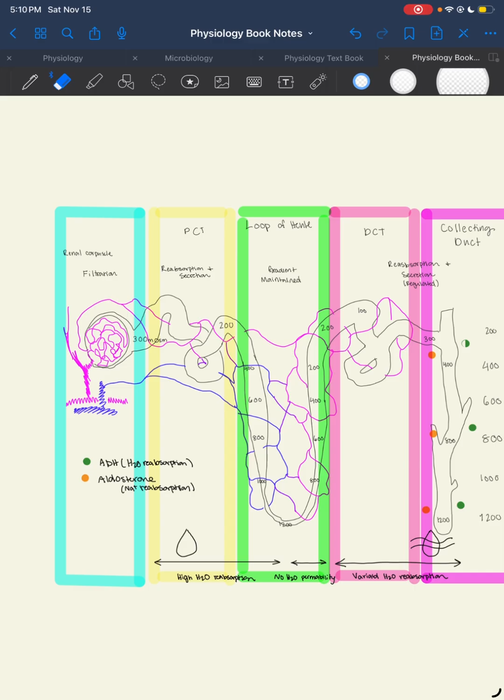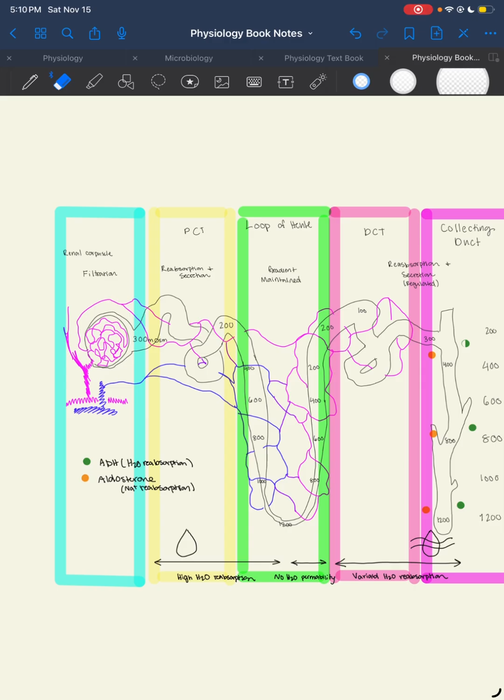Tubuloglomerular feedback involves the macula densa, a group of distal tubule cells. These cells sense the amount of sodium and chloride in the filtrate. If sodium chloride levels are high, this means the GFR is too fast, and the macula densa triggers afferent arteriole constriction, reducing GFR.